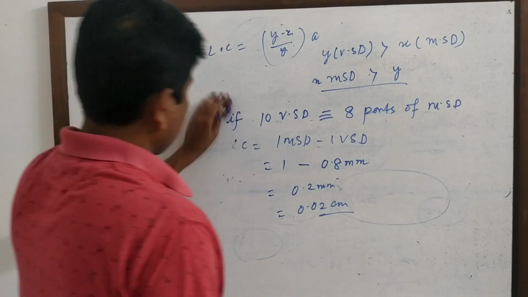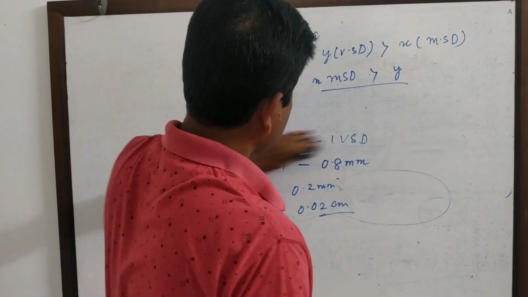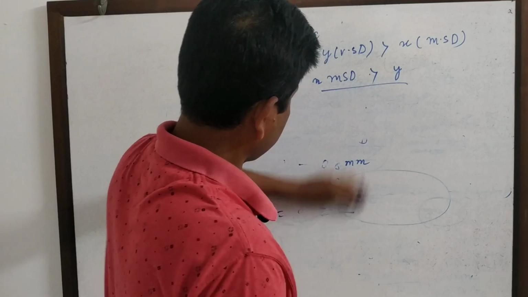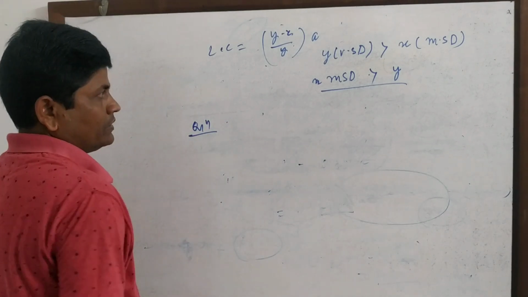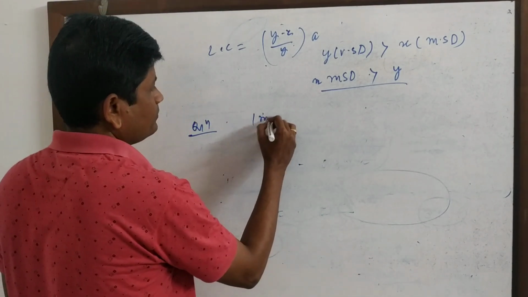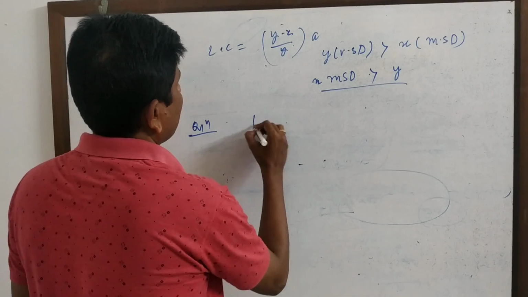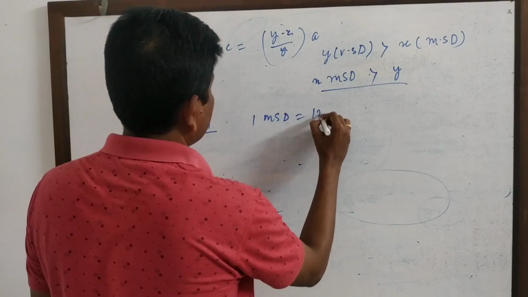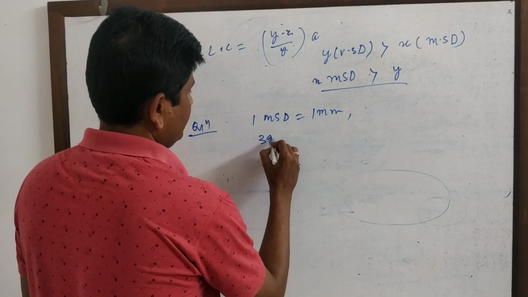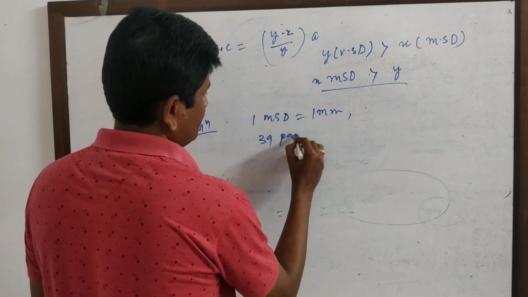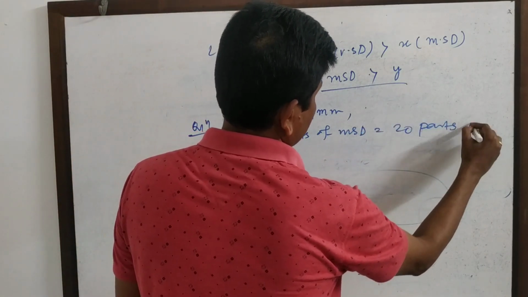Okay. Now, what if in another question the graduation of the main scale is 1 mm, that is 1 MSD is equal to 1 mm, and 39 parts of MSD are equal to 20 parts of VSD.